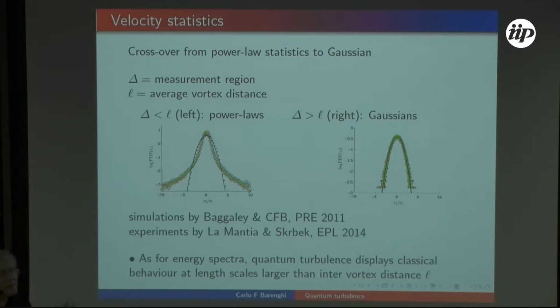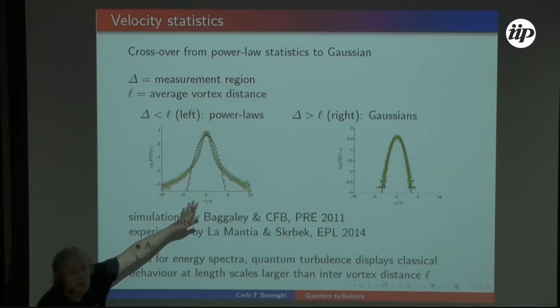Now, you can actually repeat the calculations and consider what happens if the region in which you compute the velocity and take an average value is small or big compared to the typical vortex distance. So essentially, are you measuring the velocity at the point, or your volume is large enough to include many vortex lines? Because if the region of measurements is small, then you get the power laws.